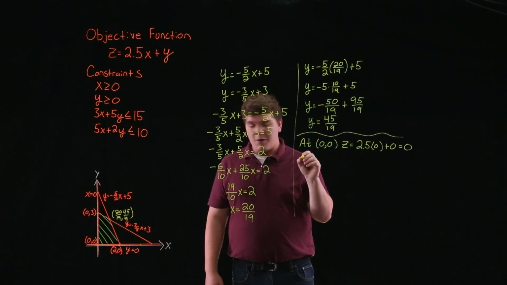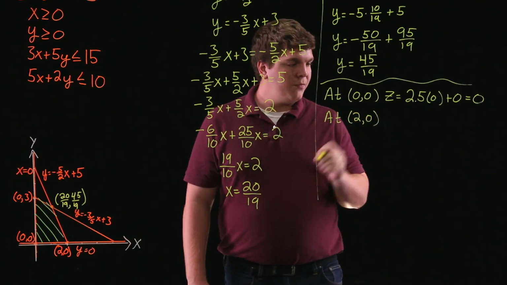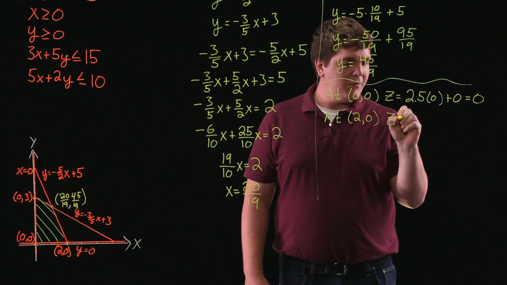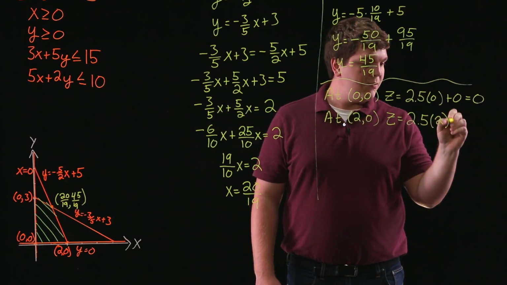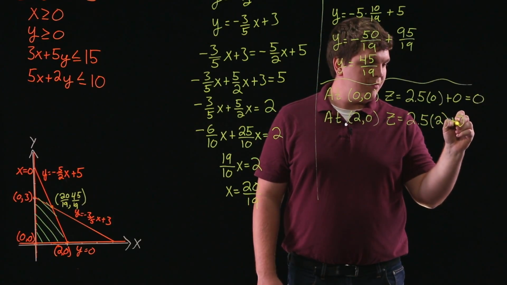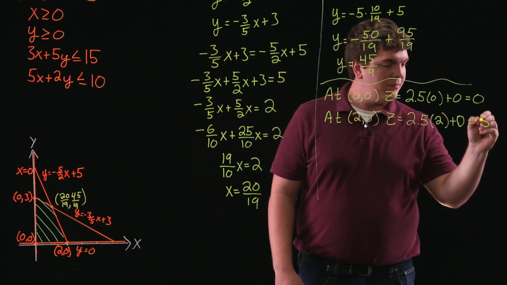Let's look at the point (2, 0). Here we have z is equal to 2.5 times 2 plus 0, which is equal to 5.